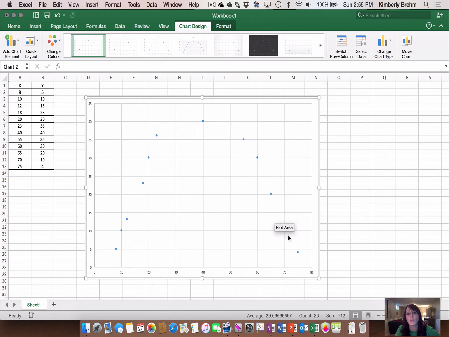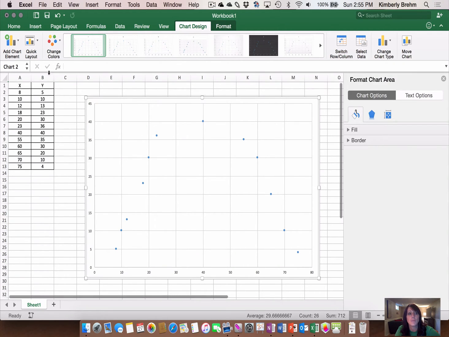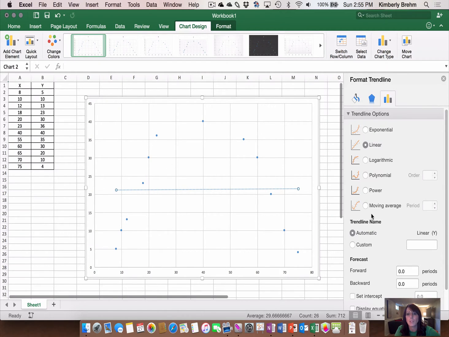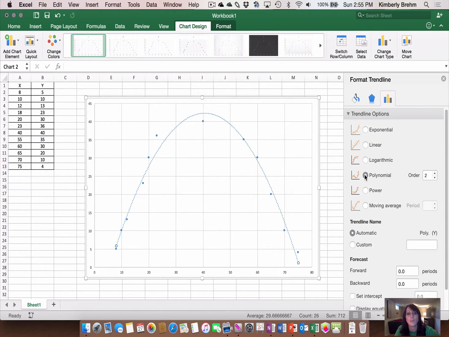Before we drew in our own line, but in this case I will not, because I want Excel to do all of the work. So I'm going to double click on my function, and add a trend line, but it's not linear or exponential. As you can see, it wouldn't fit any of those lines. So I'm going to go to more options, and I'm looking for a quadratic, which means it's a polynomial, and the degree is 2, because we know a quadratic's highest degree is 2.